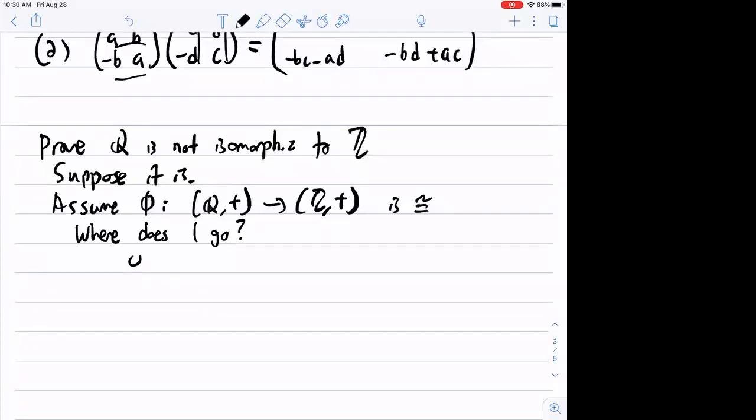Let's say phi of 1 is some integer m, for some m in Z, without 0.